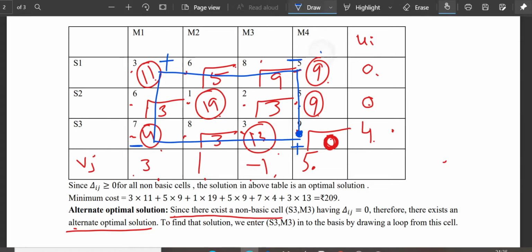Here it is written 9 and here it is written 4. So 4 is the smallest one. So I will enter 4 in the next table to get the optimal solution. So I will subtract 4 from the circles having negative sign. I will add 4 at the circles having plus sign.